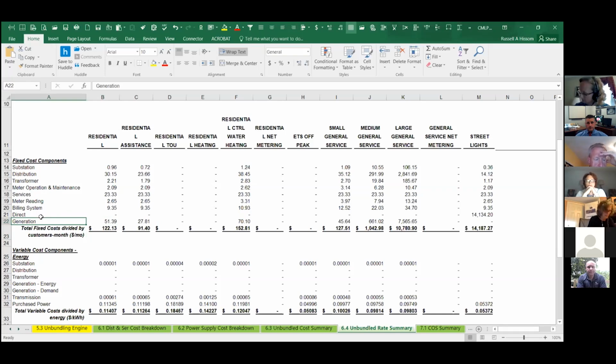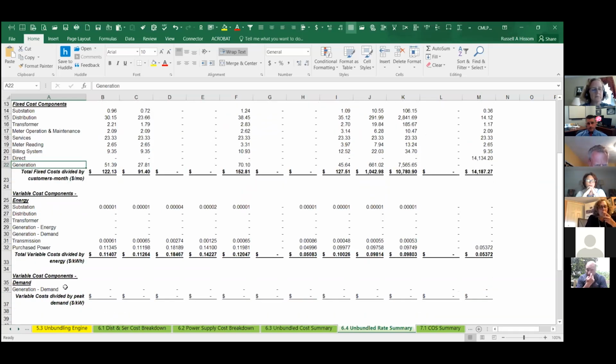Yeah, pieces of them, yes, that have been identified as fixed costs in the walkthrough of the various expense accounts. So below that, you have the variable costs, and you have a purchase power cost of 11 cents. I believe it's 11 cents. Is that? Yes.